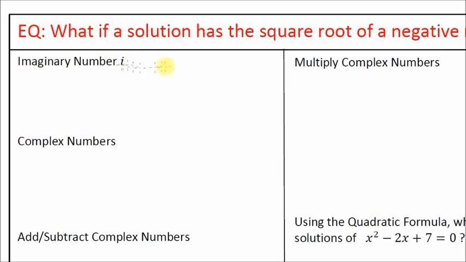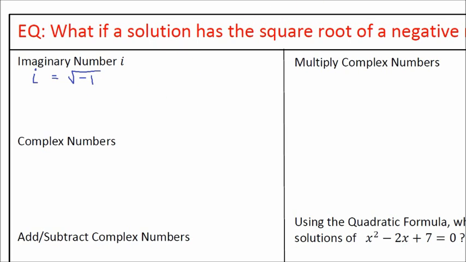When you draw it, it's like a little reflected j, so that instead of going to the left with our little curve, we're going to go to the right. So, i. And i represents the square root of negative 1. And you're going to see how we use this now to write our solutions when we have this kind of situation show up, a square root of a negative number.